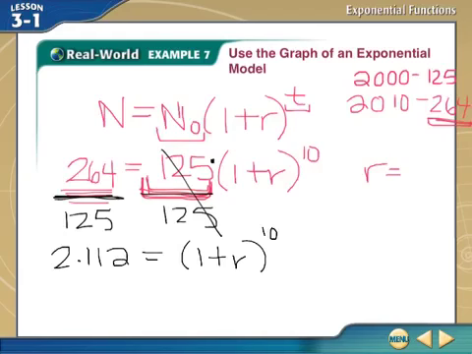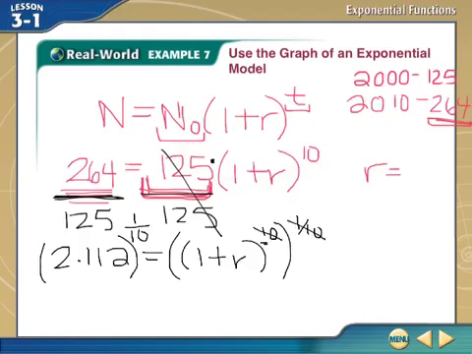Now we need to undo the 10th power here. There are two ways we can do that. We can either raise both sides to the 1/10th power, or take the 10th root of both sides, because the 10th root undoes the 10th power. The 10th root is the same as the 1/10th power, so I'm going to raise both sides to the 1/10th power.